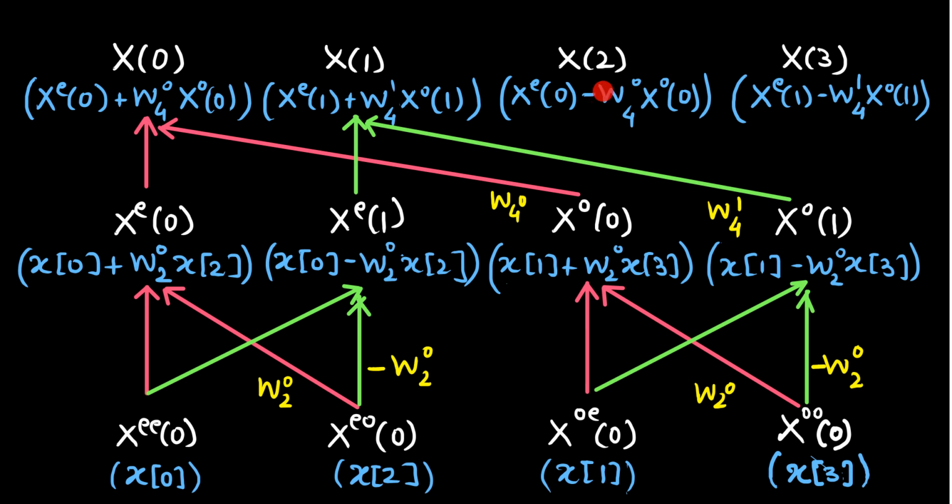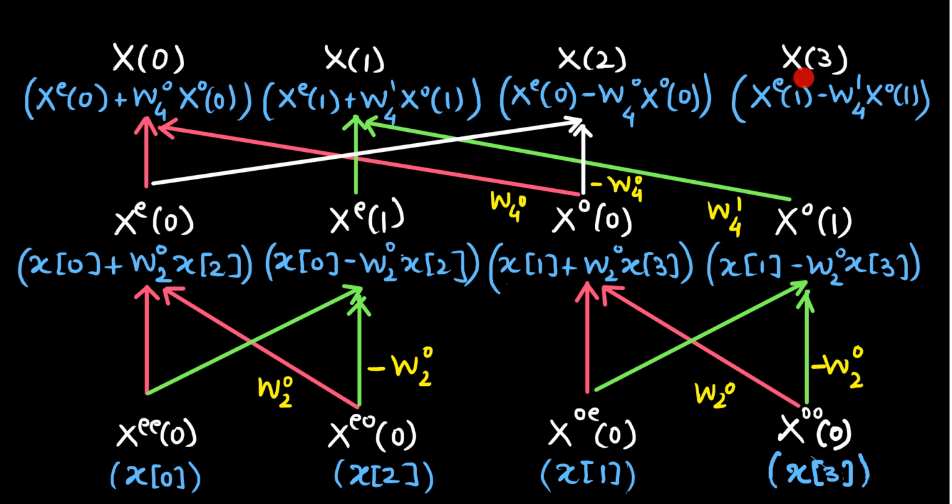Now again if we consider this point x of 2 here, it is constructed using x e of 0 and x o of 0, but now the scaling factor is minus w4 to the power 0. So we have it like this. We have this x e of 0 and x odd of 0, and the scaling factor is given as minus w4 to the power 0.